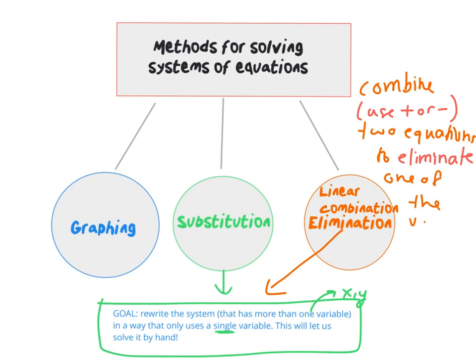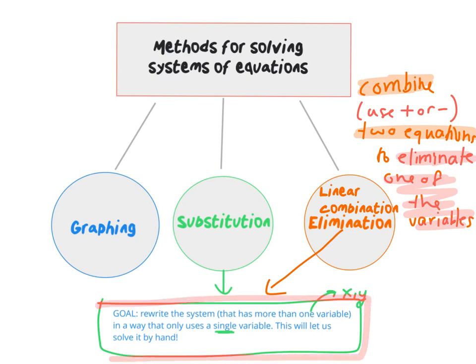So that's why it's called the linear combination method, also called the elimination method, because the word combine is going to tell us that we're going to combine two equations, and the reason we're combining them is to eliminate one of the variables. So again, our goal is the same as with substitution. We're just going to do it in a different method. We want to start with two variables, and rewrite it so there's only one.